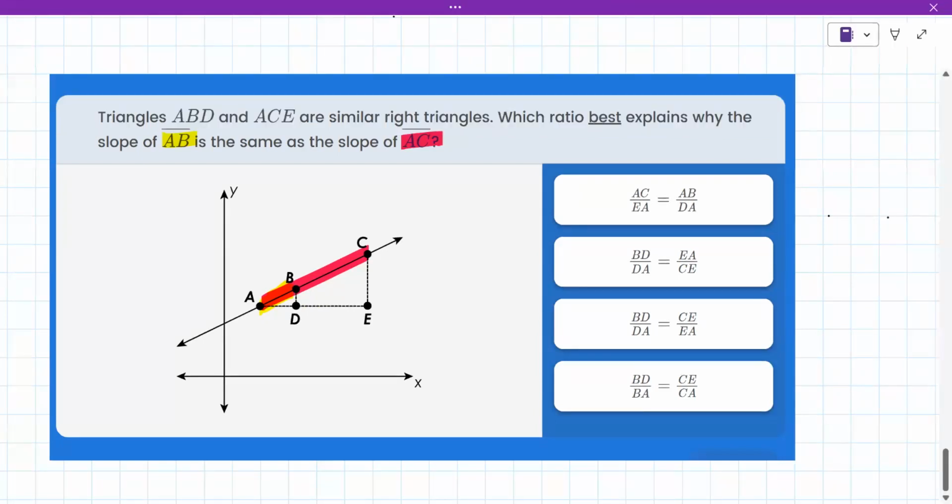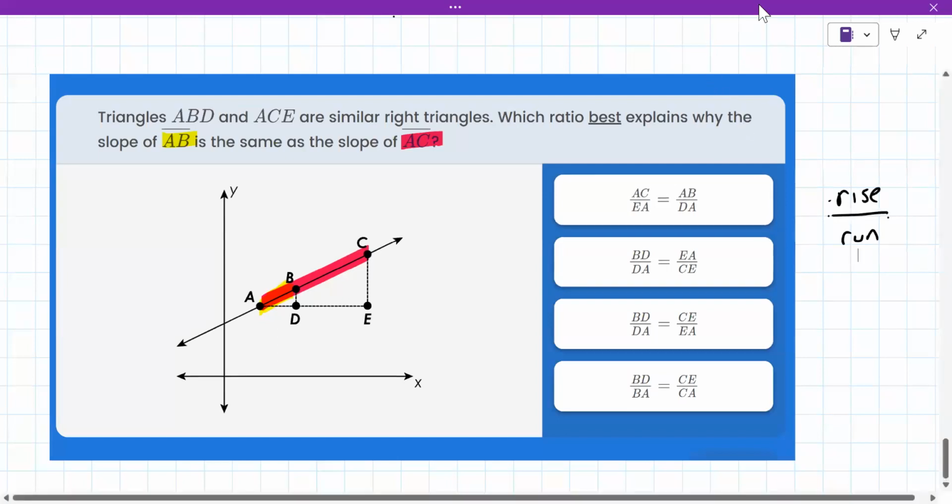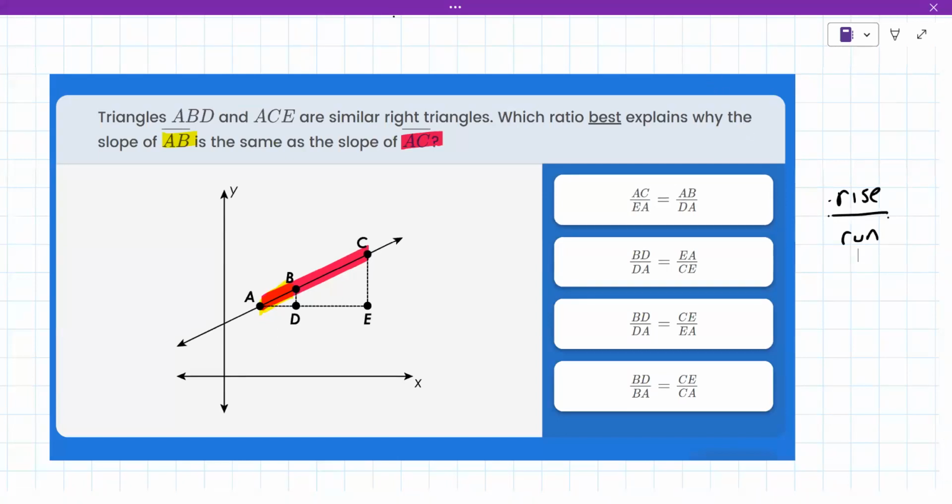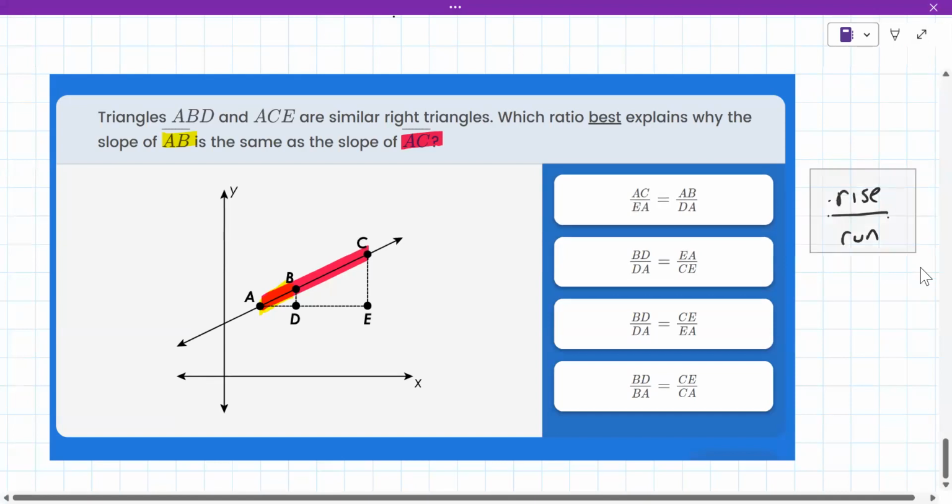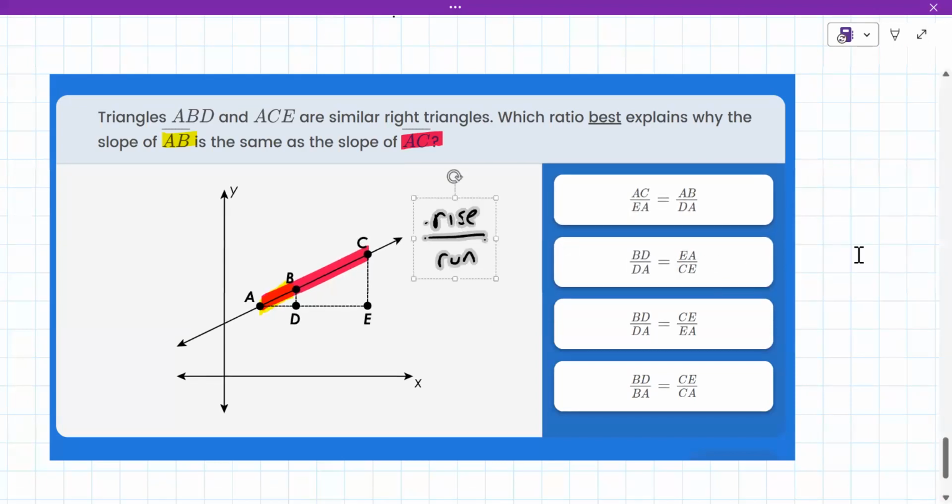Hold on. Here's a hint. Slope is rise over run. That might be useful. Actually, I'm gonna move that. It's not meant to be near any of the answers.